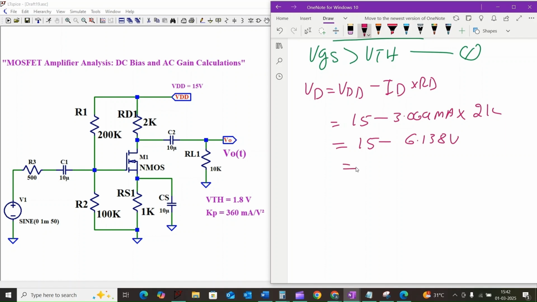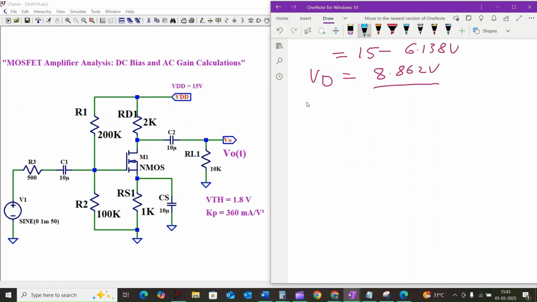When we simplify this, we will get 8.862 volt, and then we call it VD. The drain voltage is equal to 8.862 volt.